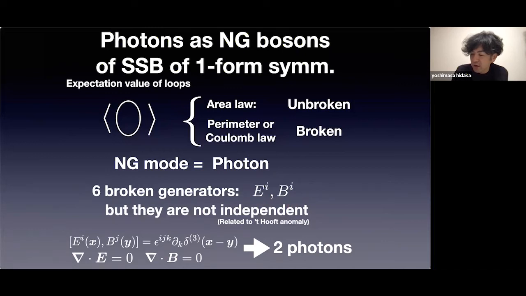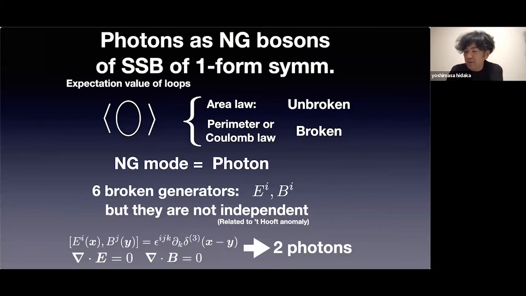Actually, the commutation relation between the electric field and magnetic field gives you some non-vanishing component, so that gives you some constraint. And in addition, there is another constraint. As a result, that gives you the 2 photons. So this situation is a little bit complicated, but we can generalize the Nambu-Goldstone theorem to this kind of situation.